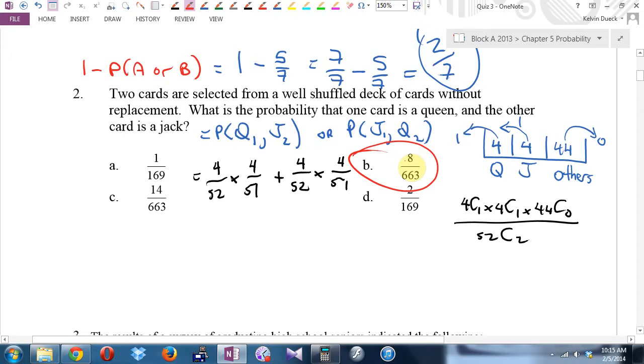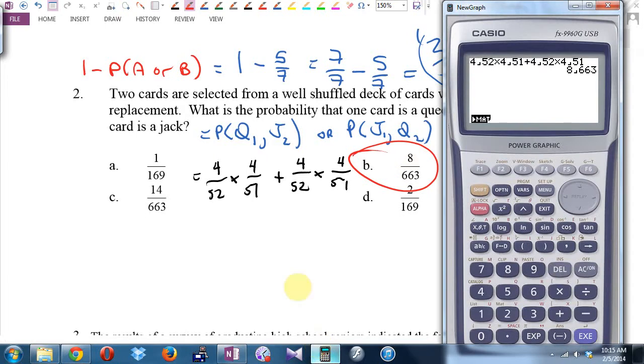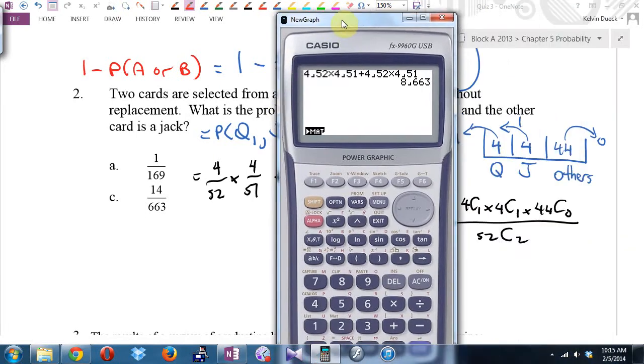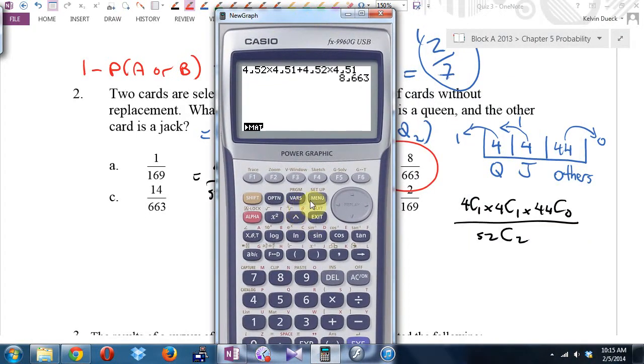Okay. If I use the choose method, I'll just do it because some of you are wondering. Where is it on this option? 4 choose 1 and 4 choose 1 and 44 choose none. By the way, that's really 4 times 1 over 52 choose 2.